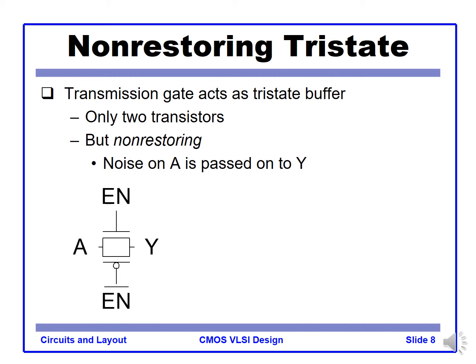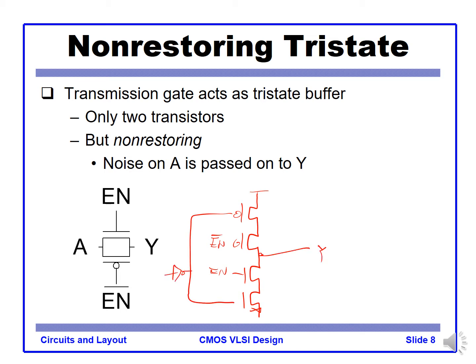Previously I showed the tri-state buffer like this: enable bar, inverter, Y. If you make a connection between here and there, it becomes a tri-state buffer too. It looks like two inverters there and a pass transistor gate. This is another way of implementing a tri-state buffer.